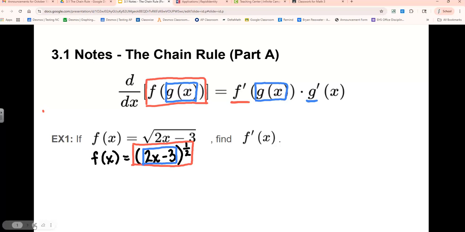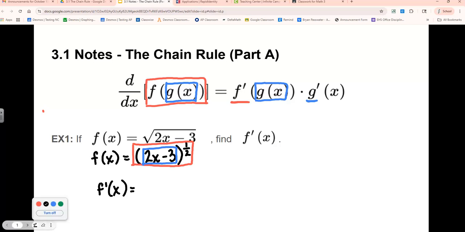So the way I'm going to take the derivative is I am going to take the derivative of the something to the 1/2 power, right? It is 2x minus 3, but pretend it's just something to the 1/2 power.